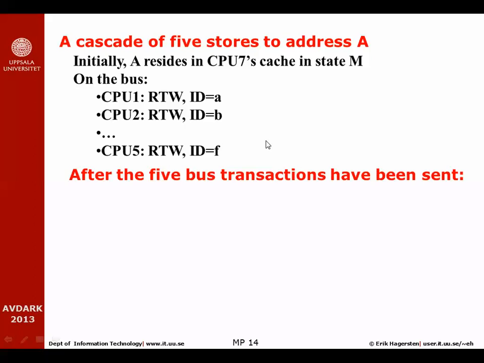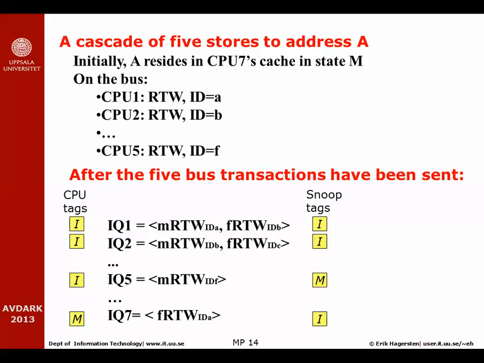After we've sent all these transactions on the bus, we will have a state of the system, depicting the Snoop tags as well as CPU tags, that looks like this. Starting at CPU 7 here, which was where the data originally resided, its CPU tags will be modified.